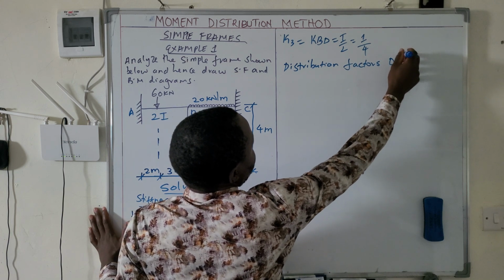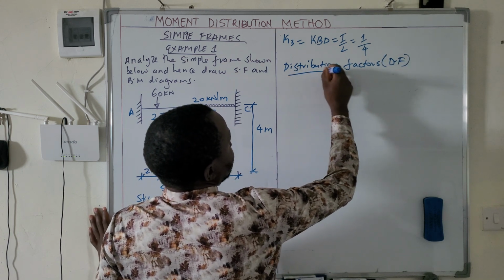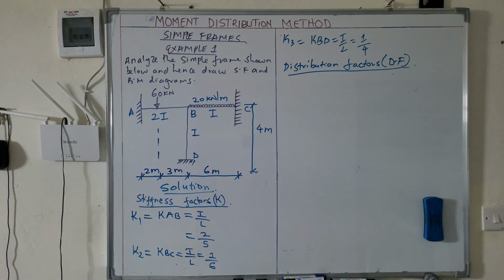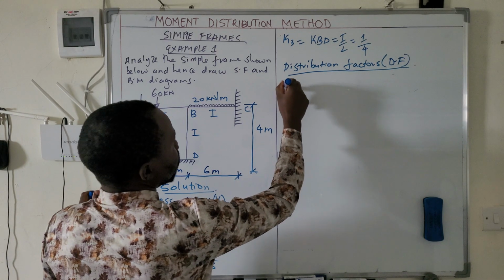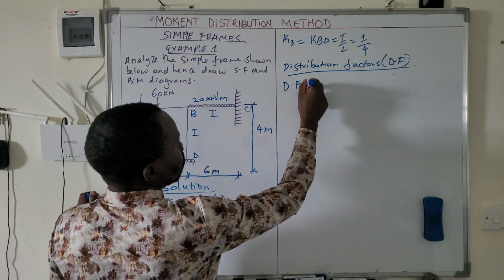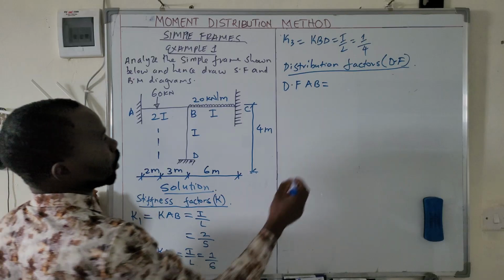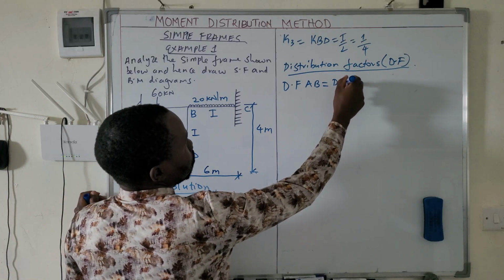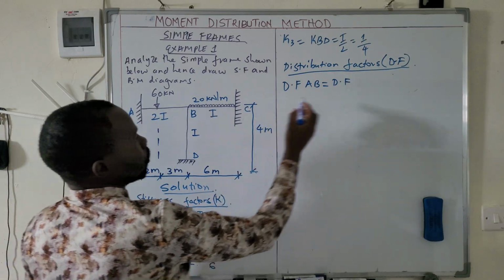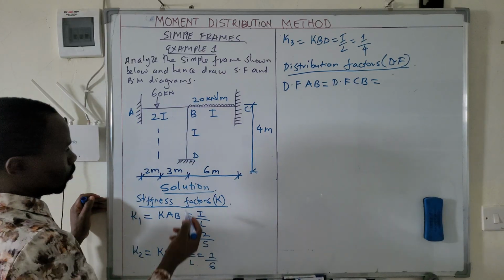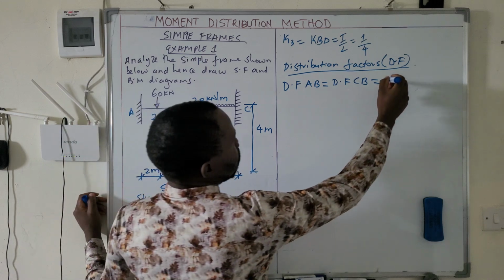DF, like that. So we know that distribution factor AB, DF AB is equal to DF CB is equal to DF DB.